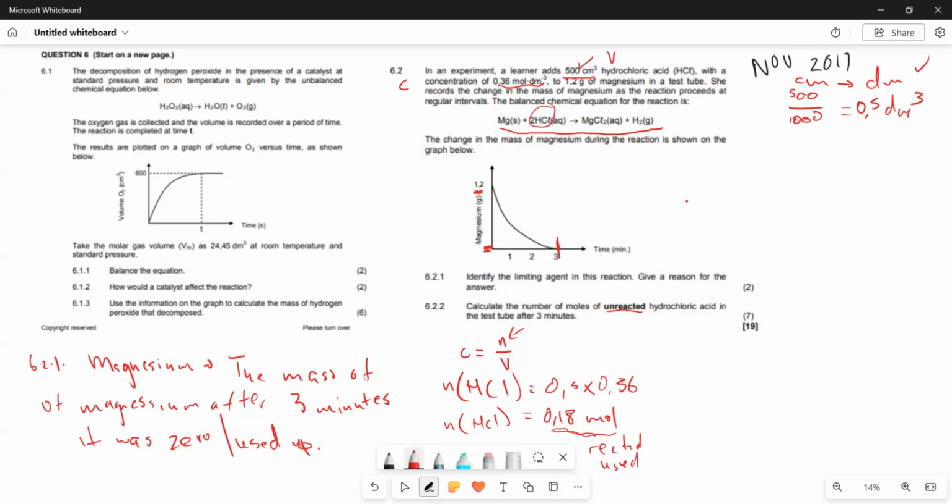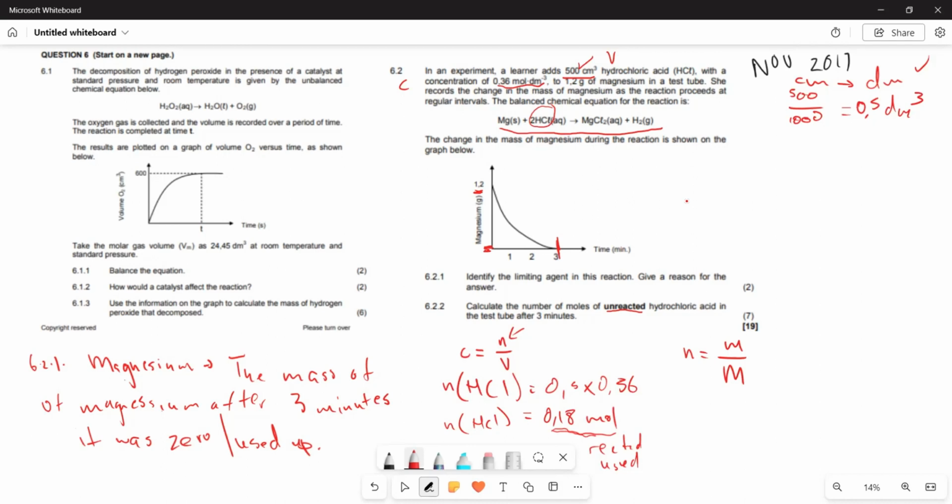If this is the mole of what is used, you can come back and use the formula n is equal to m over your molar mass to calculate the mass of the unused portion, and see what we get. But is there a need for us to do that?